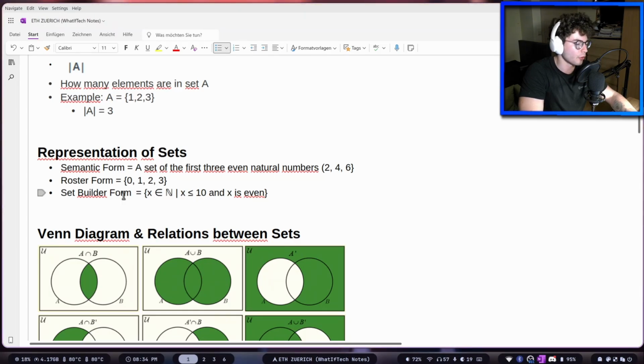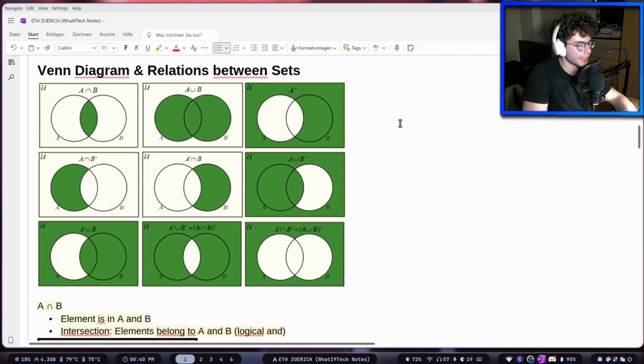And the last form is the set builder form. The difference to the semantic form is that it follows mathematical guidelines and it describes the rules that the set must follow. So x is an element of the natural numbers and x is smaller or equal to 10 and x is even.